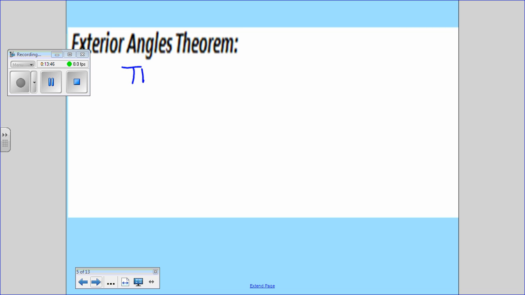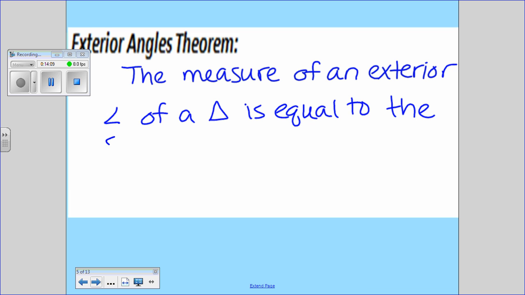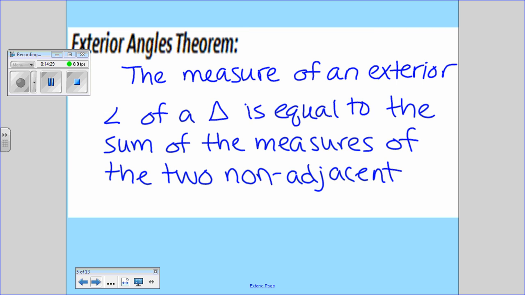But it says the measure of an exterior angle of a triangle is equal to the sum of the measures of the 2 non-adjacent interior angles.